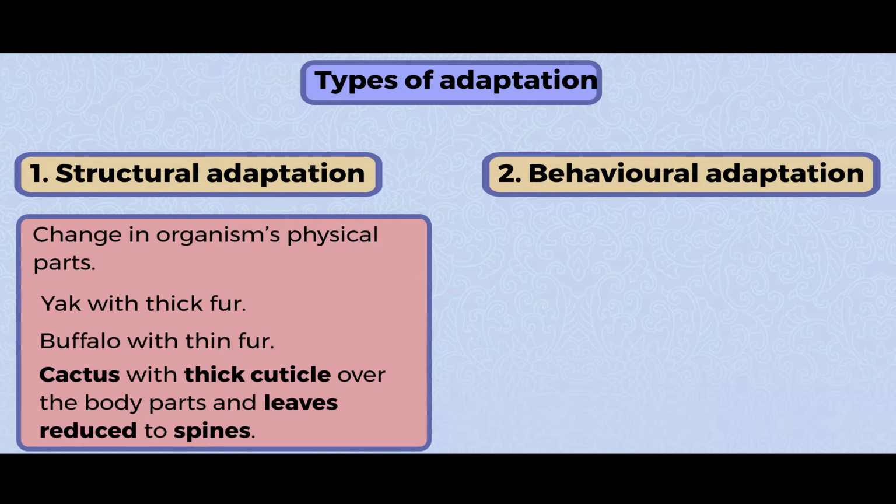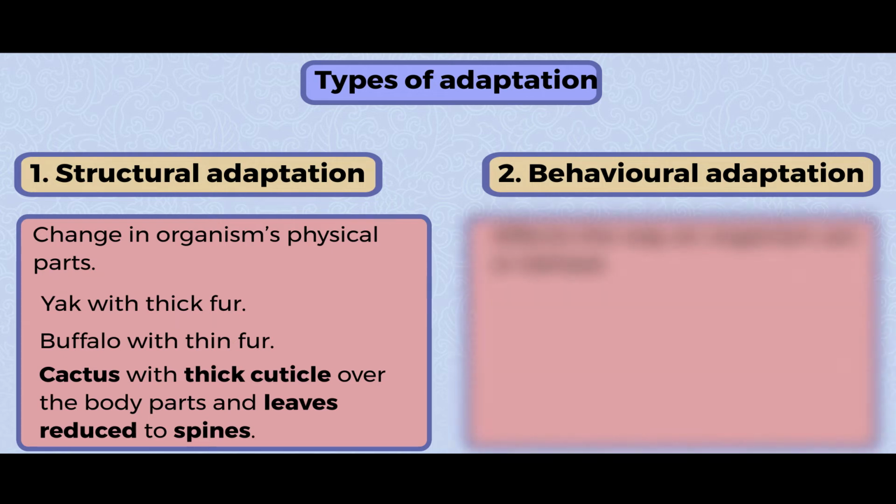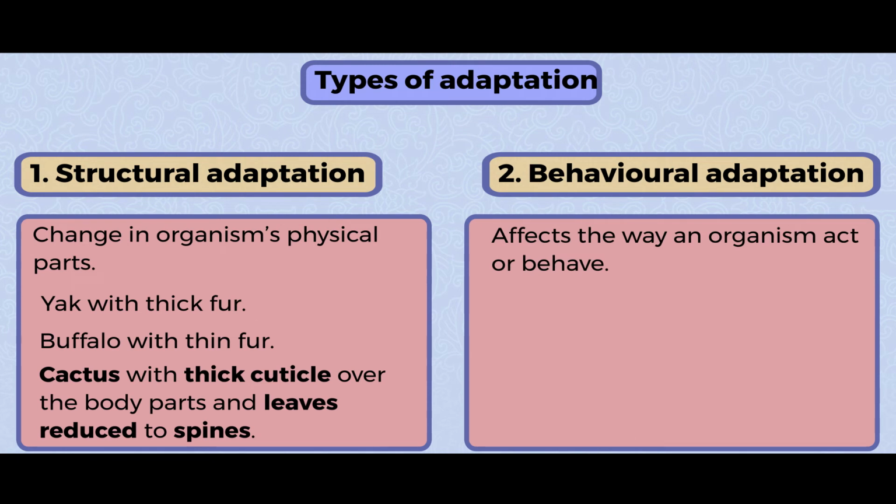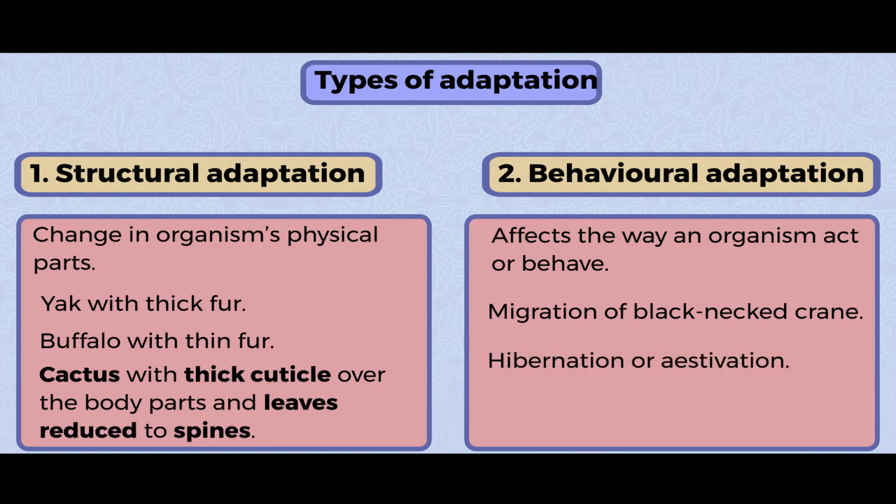In order to cope with changing climatic conditions, you might have seen or heard about the black-necked crane, which has the habit of going back to Tibet during summer and then coming back to Bhutan during winter, to escape the cold climatic condition of Tibet in winter and the hot climatic condition of Bhutan in summer. Another behavioral adaptation is that some animals stay in groups in order to search for food.